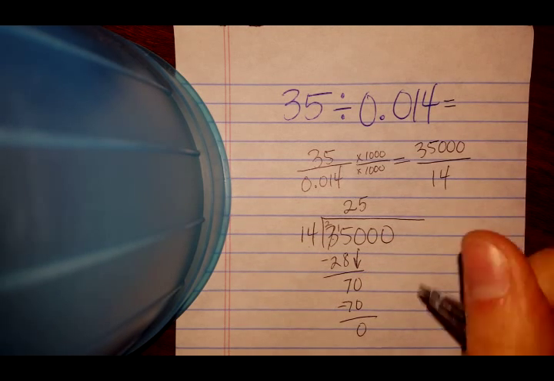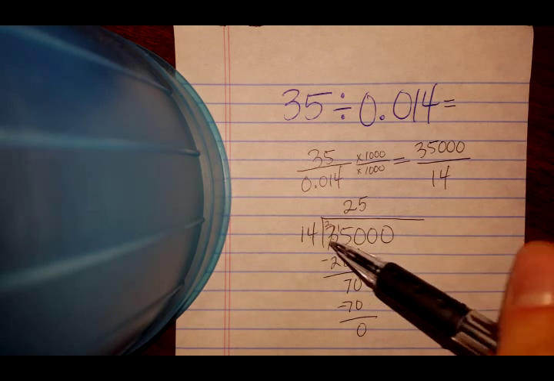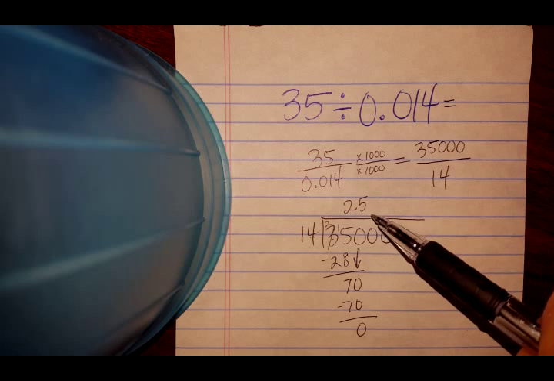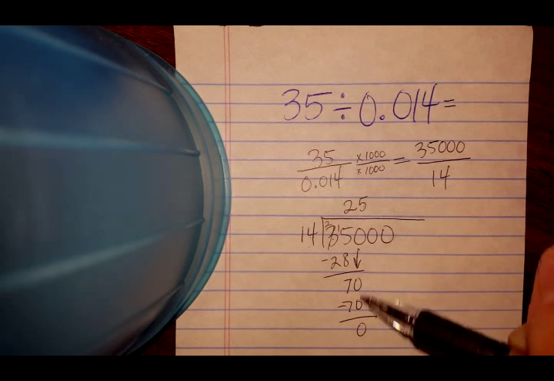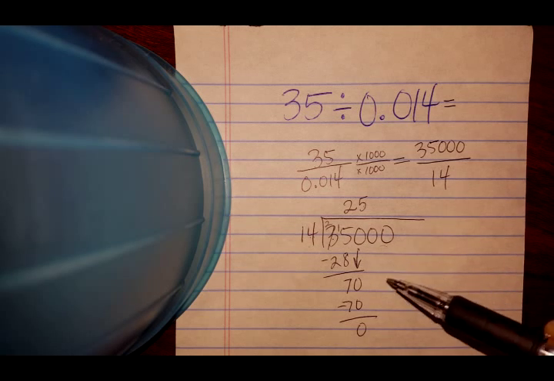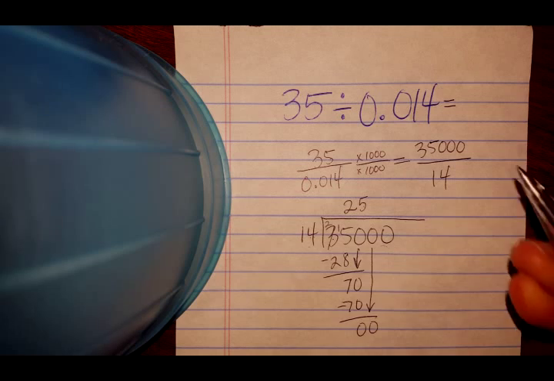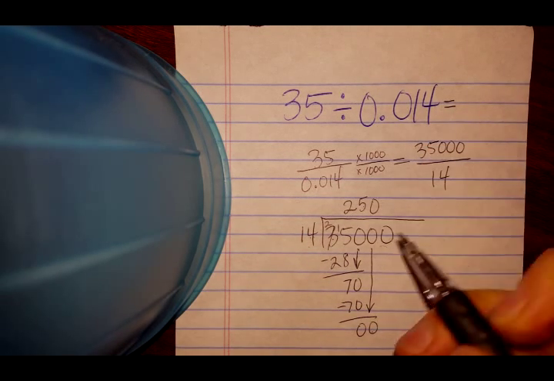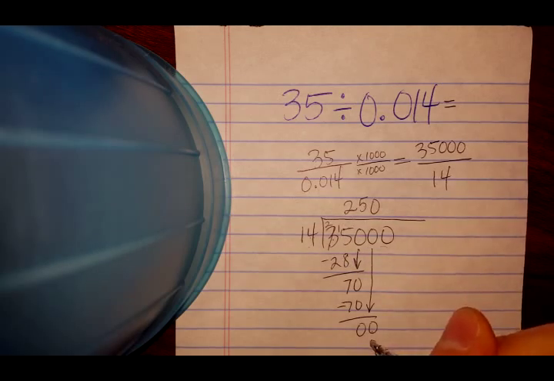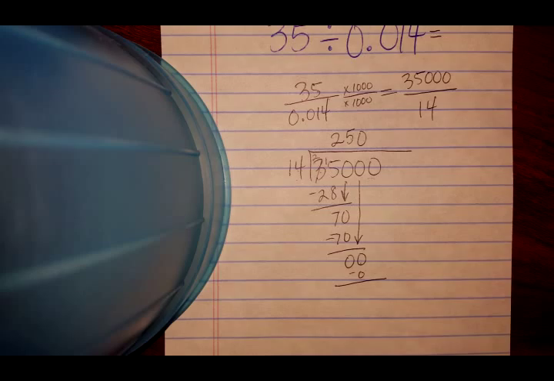So this is kind of like the last one. It seems like I'm done. But 14 goes into 35,000 way more than 25 times, because I actually still have numbers here in my dividend that I haven't used. So I'll pull a 0 down. How many times does 14 go into 0? Well, 0 times. 0 times 14 is 0. I know this seems kind of tedious and silly, but it'll help you get the right answer.